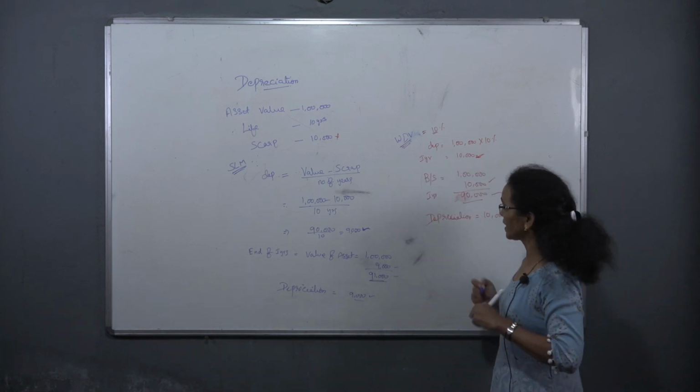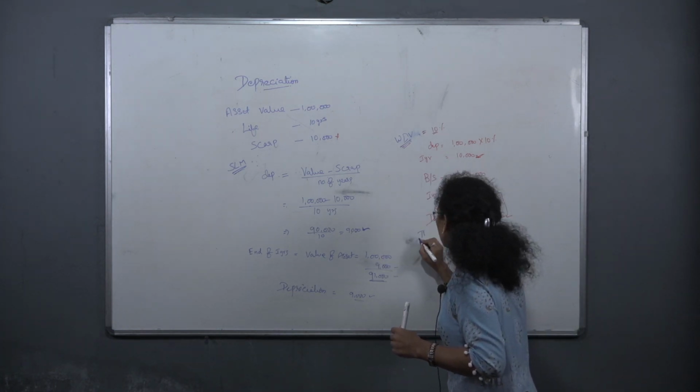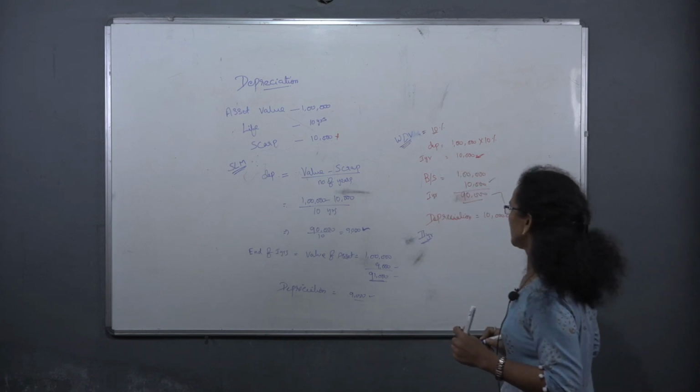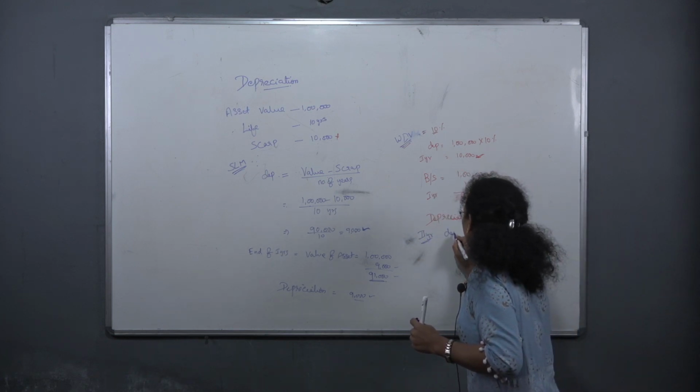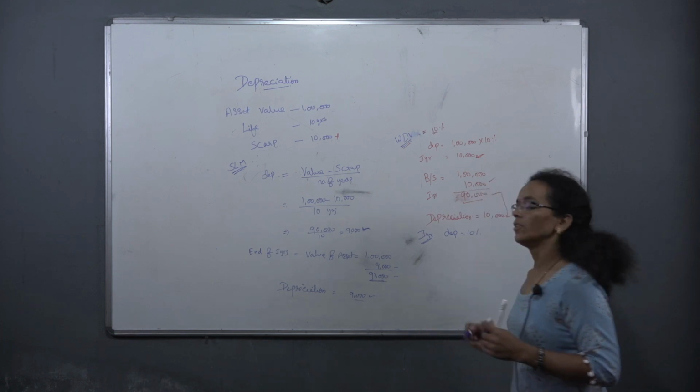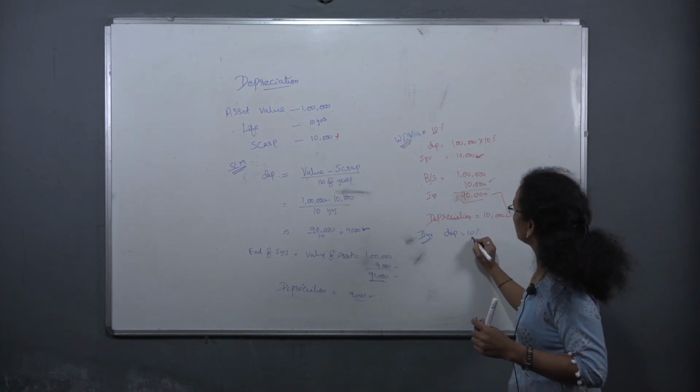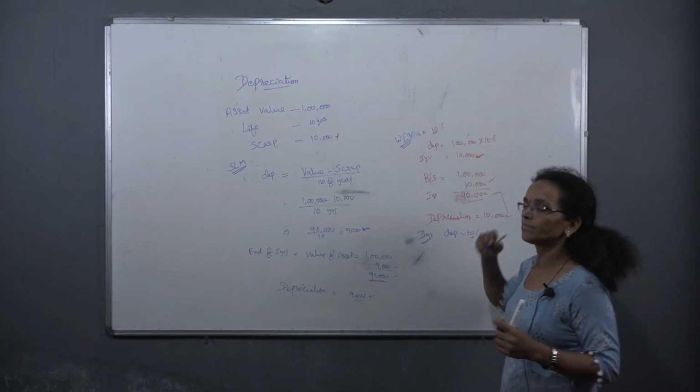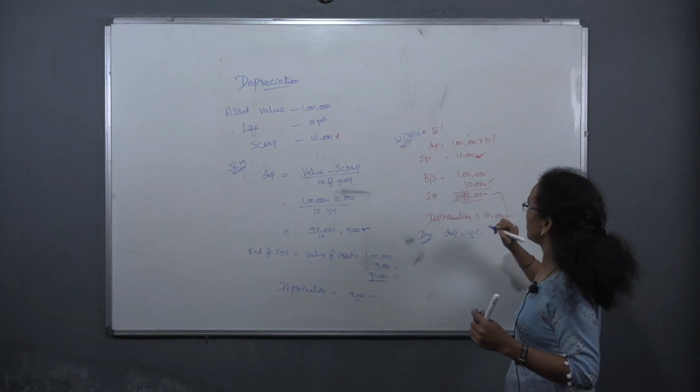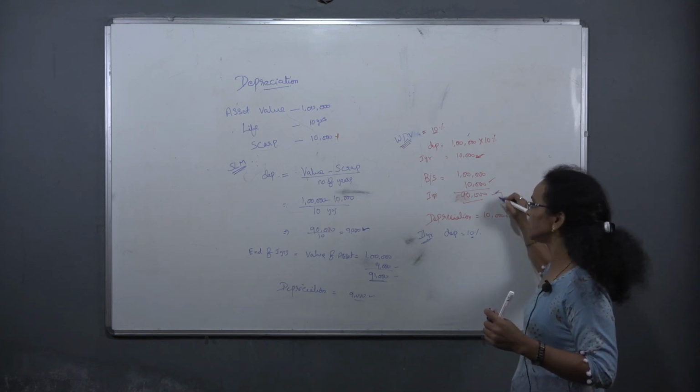Then what about the second year? In the second year, the depreciation rate is again 10%. Now I should not apply this 10% on the original cost, because the book value of the asset is only 90,000 rupees.